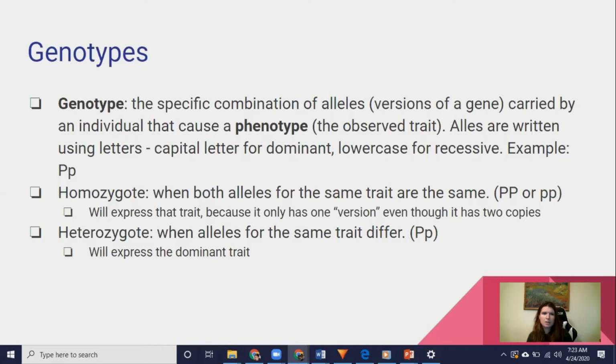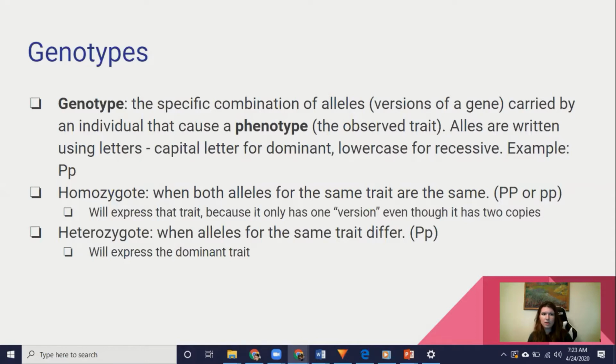Okay, so when we're talking about genotypes, we're going to basically write down the alleles using letters. When we have a dominant trait, we're going to mark that, and we're also going to mark which traits are recessive. We're going to use the color of pea flowers as one of our examples.